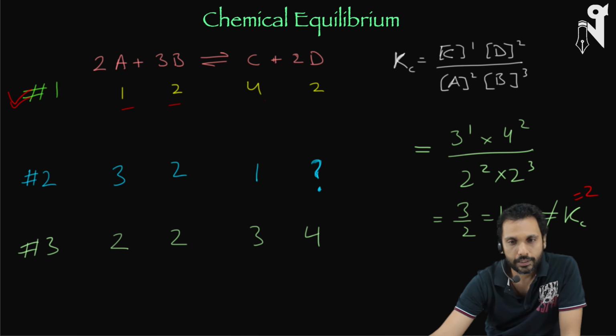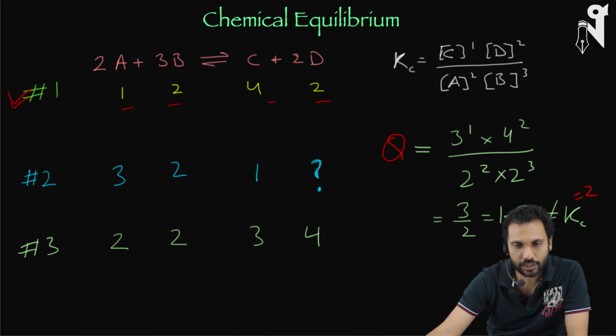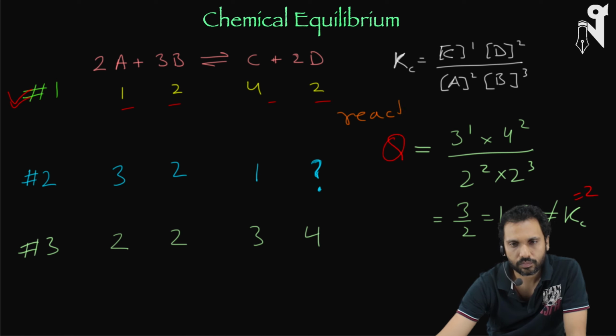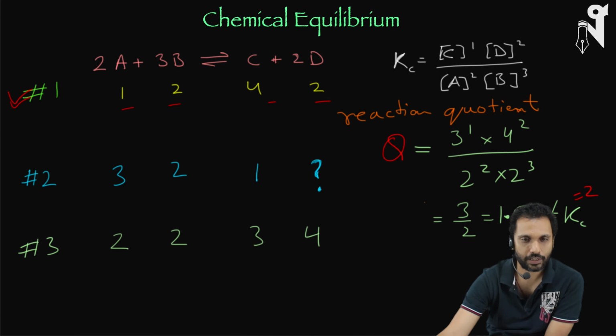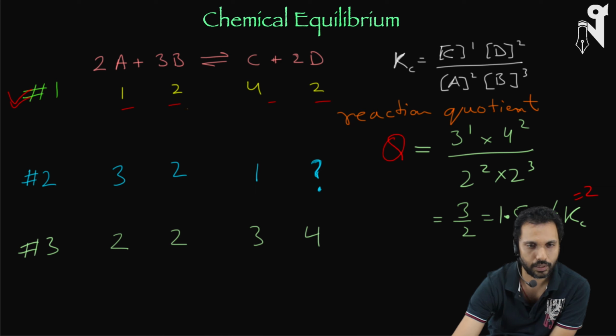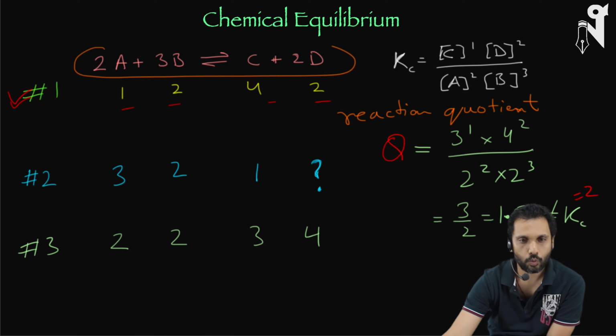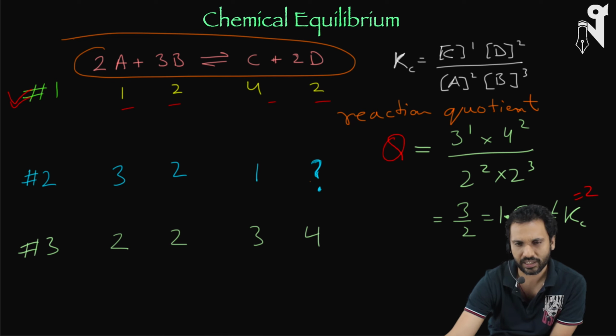So this is called Q, which is the reaction quotient. If the reaction is not at equilibrium, it is going towards one side more than the other, it has not reached equilibrium.